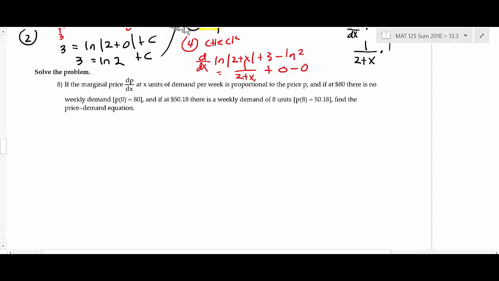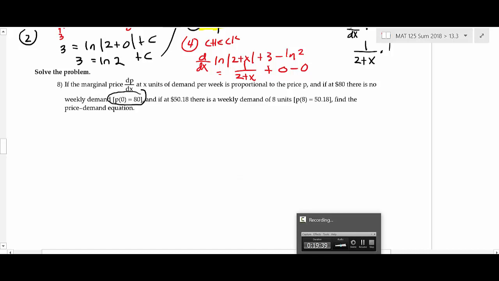Okay, so this problem number 8, what it says is if the marginal price, remember a marginal price is a rate of change, so that's the derivative of the price, at X units demand per week is proportional to the price P, and if at $80 there is no weekly demand, see that gives you an initial condition, and if at $50.18 there's a weekly demand of 8 units, we're going to find the price demand equation by this. All right, so we're going to work on this application. It's an application of a differential equation.